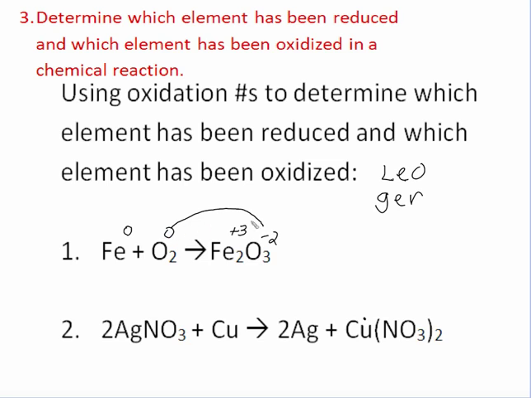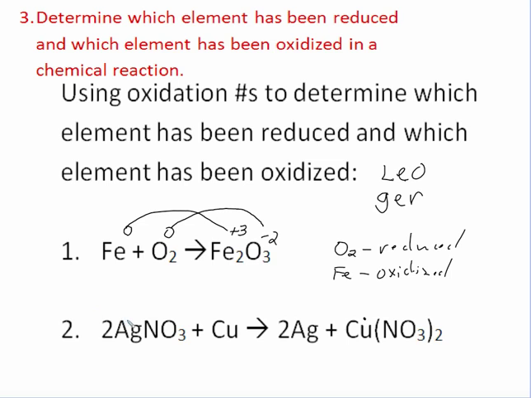You could say that it's being reduced. So the oxygen is what's being reduced. Now the oxidation number that goes up, so iron, it's being oxidized. All right, that's the way that I do it.